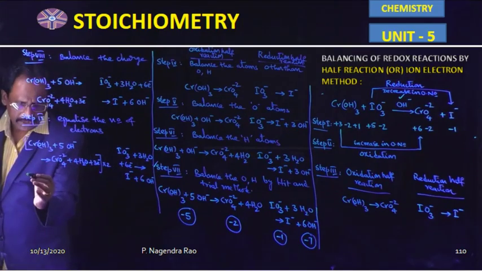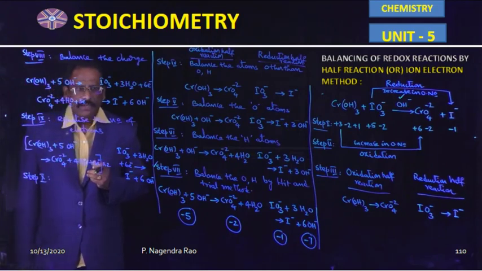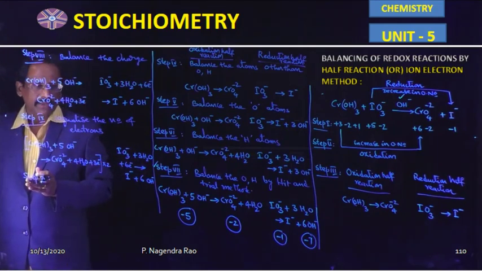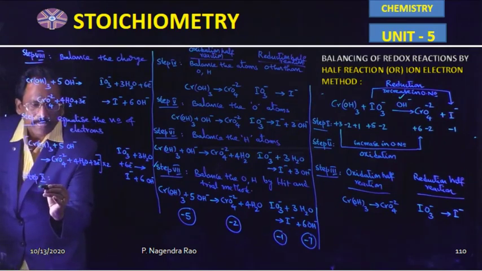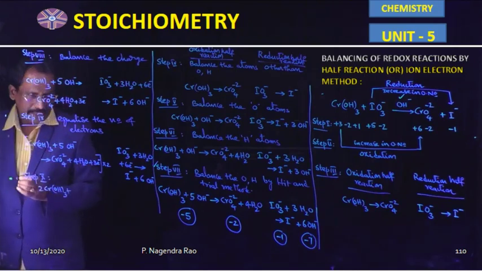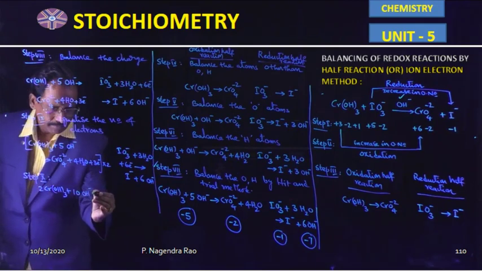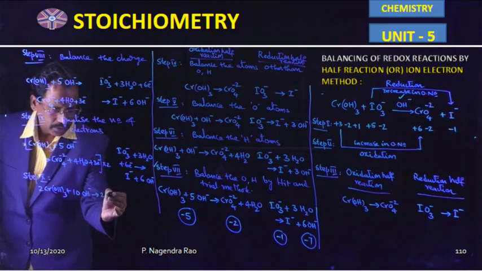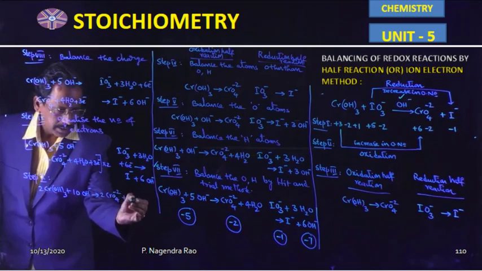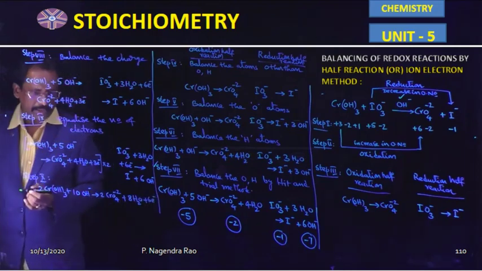And the final step is, by adding these two half reactions, the final balanced redox reaction will be obtained. 2Cr(OH)3 plus 10 OH⁻ gives rise to 2CrO4²⁻ plus 8H2O plus 6 electrons.